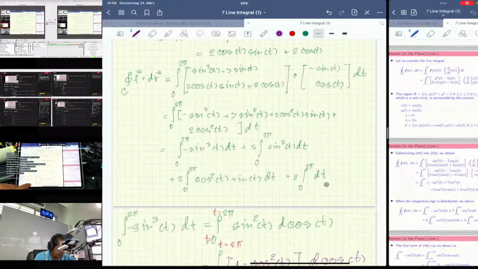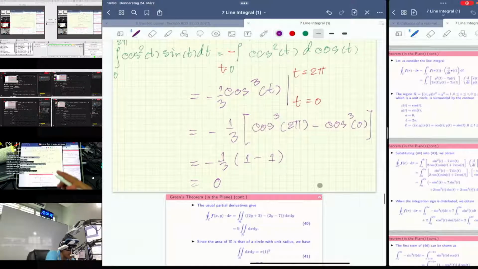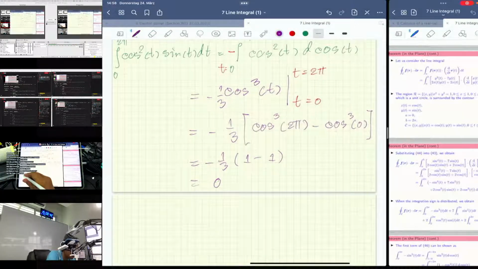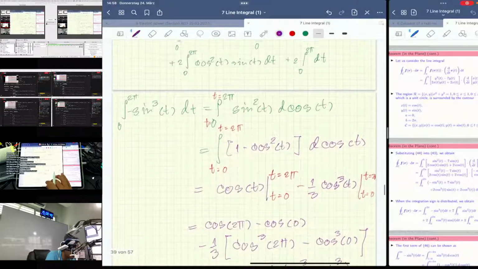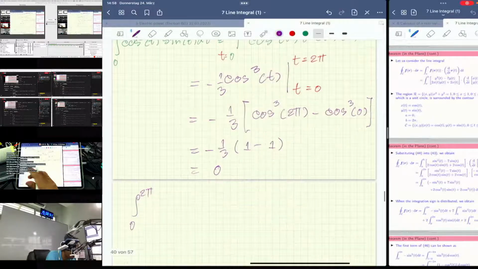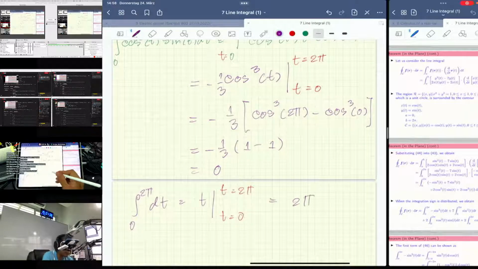But what about this? For the fourth term, the last term, integration from 0 to 2 pi dt, we would have t, and you need to substitute t from 0 to 2 pi, and of course 2 pi minus 0, and you get finally 2 pi.